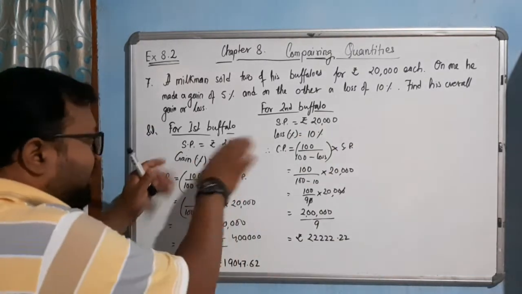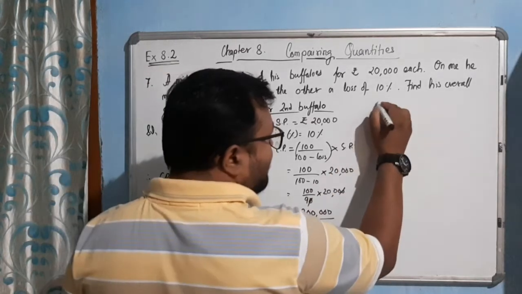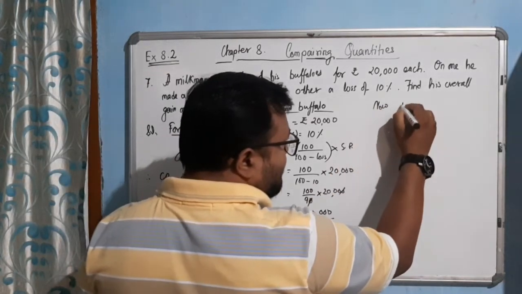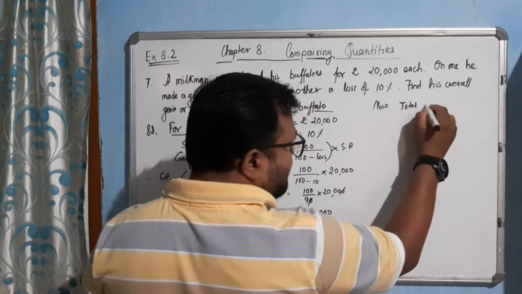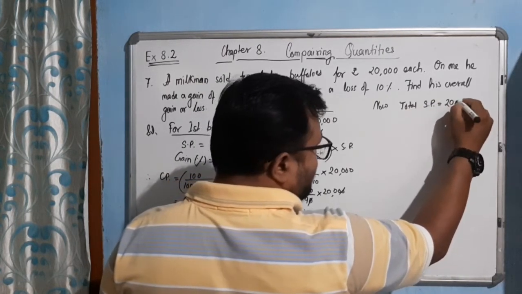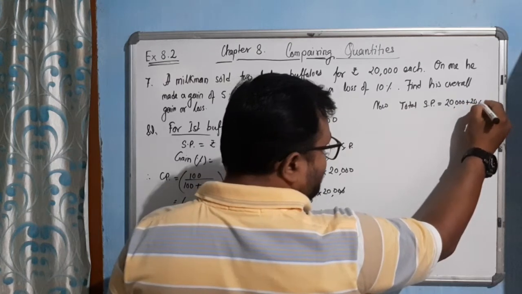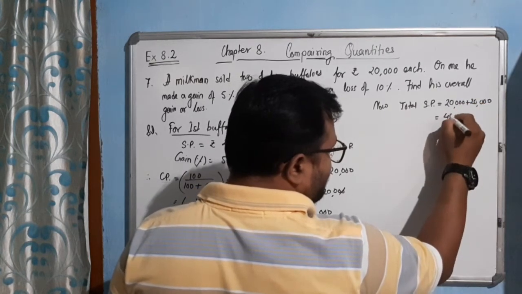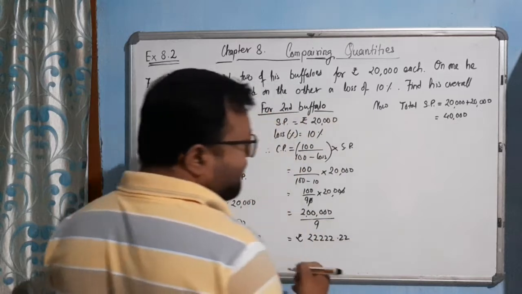Now total selling price equals 20,000 plus 20,000, which is 40,000.